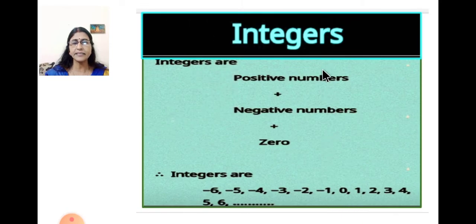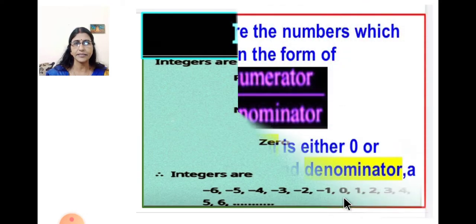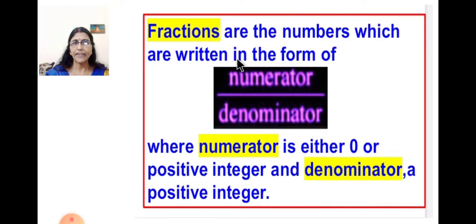And then integers. Integers also you know. Integers are positive numbers plus negative numbers plus 0. That means all the positive numbers till infinite, all the negative numbers till infinite, and 0, they are all together called integers. Then fractions.